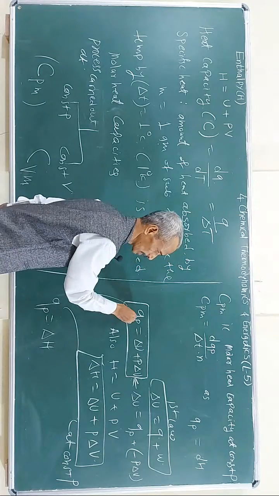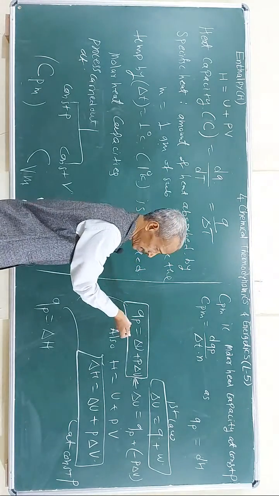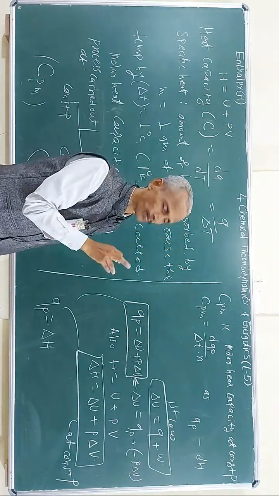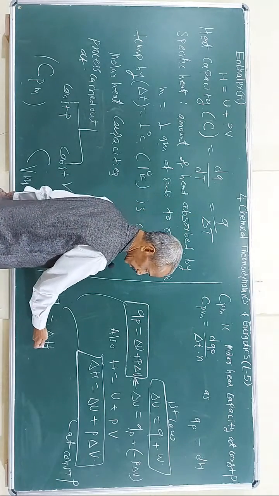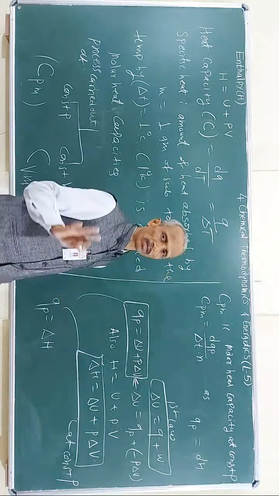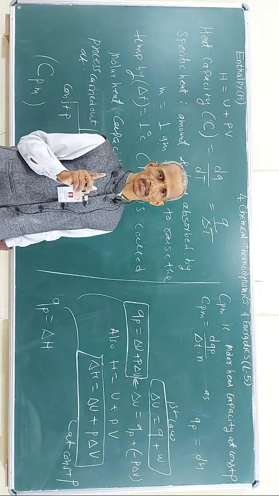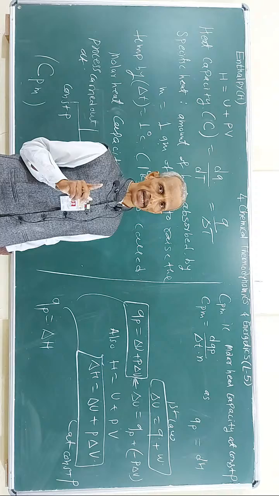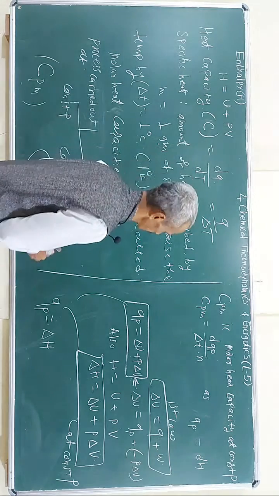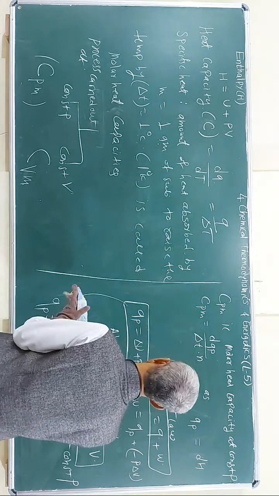QP means the amount of heat energy that is absorbed at constant pressure, or the total heat content of the system, and they are not different if the process is carried out at constant pressure. Is it okay?